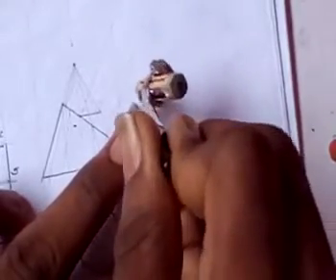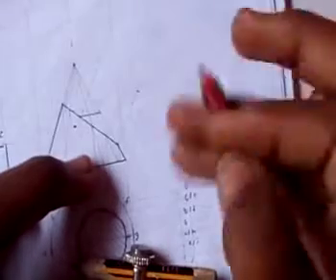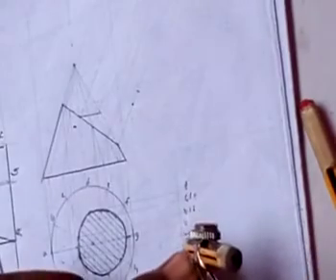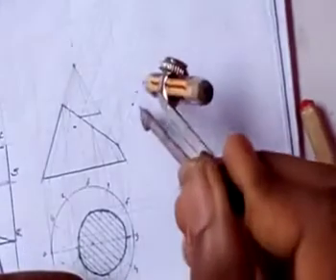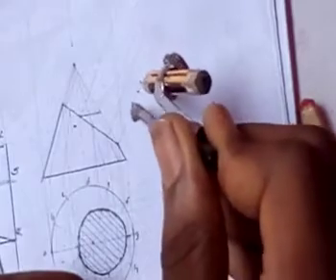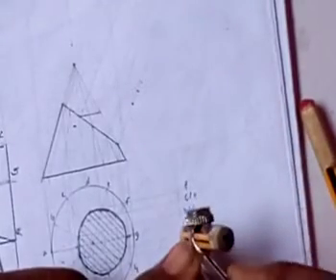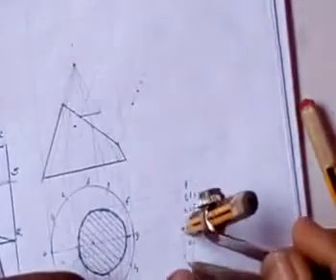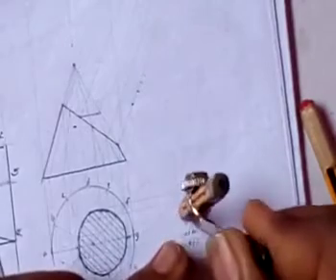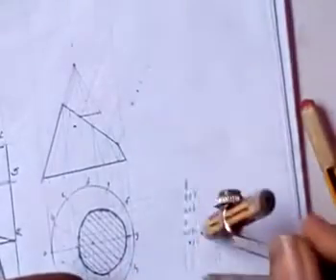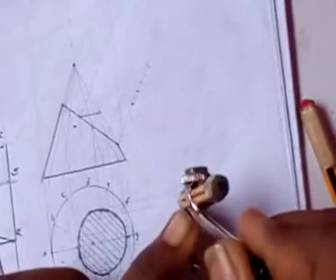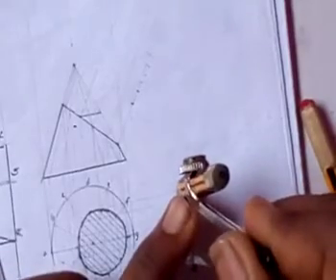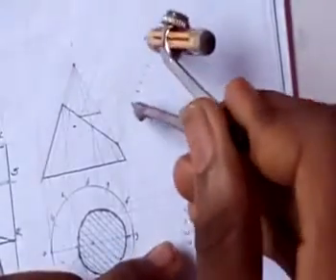I'm starting from this point. This will be the bottom of my curve. I'm opening my compass, copying the curves, just the way it is from bottom to up. I don't even need to write it again. 3, 4, 5, finally 6.